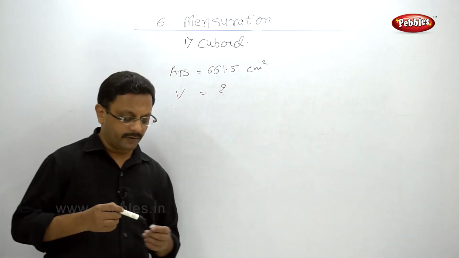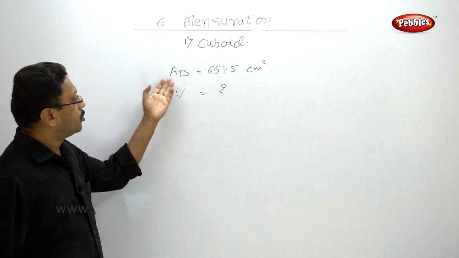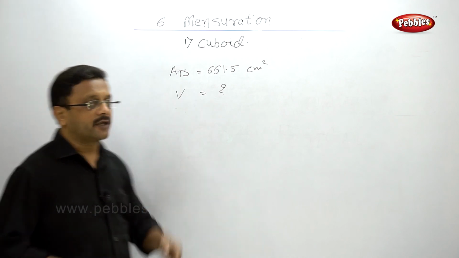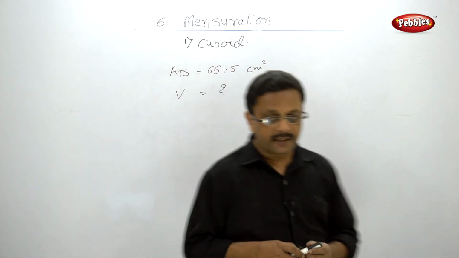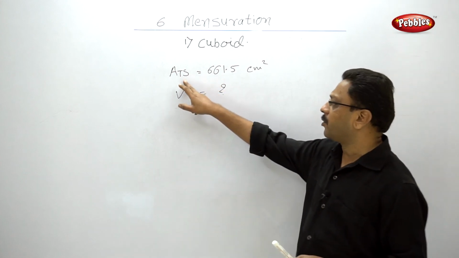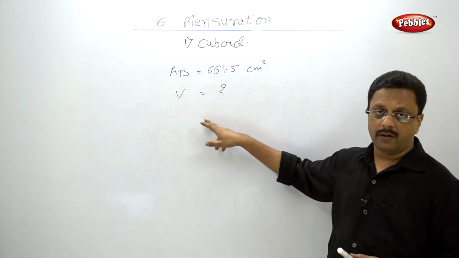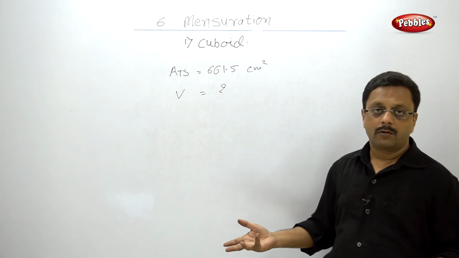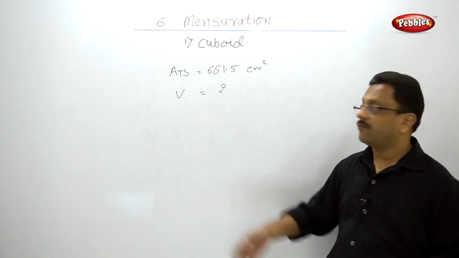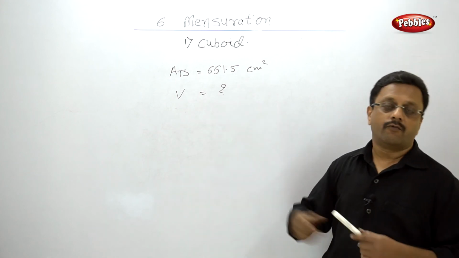How will you do this? Very simple. You know the formula for total surface area, correct? From the total surface area formula, you will get the length in cube. Lengths are the same. From that, you will get the volume.